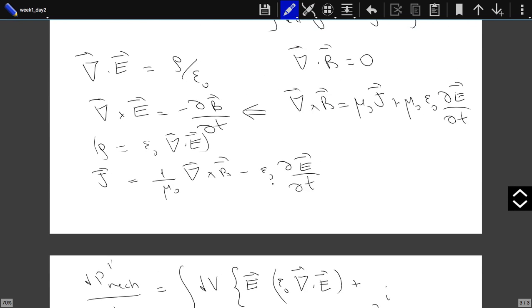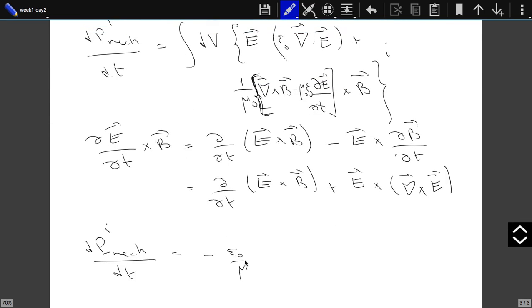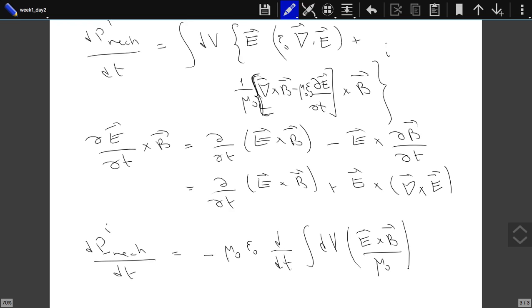I made a mistake, this is epsilon 0 over here, so there's no such parenthesis. If I put it in a parenthesis, I should insert a mu 0 over here. That was a mistake. So we have minus mu 0 epsilon 0 times the total time derivative of the volume integral of E cross B over mu 0. Okay, this is only that term.